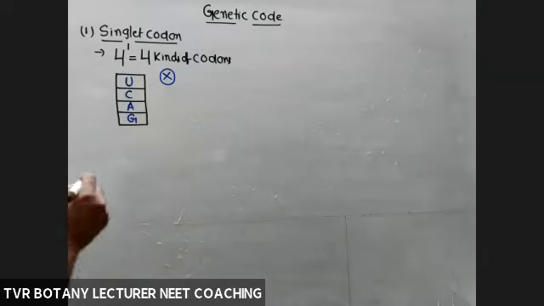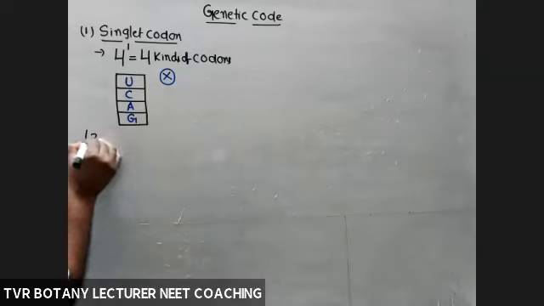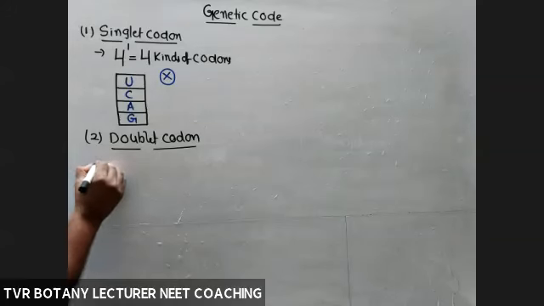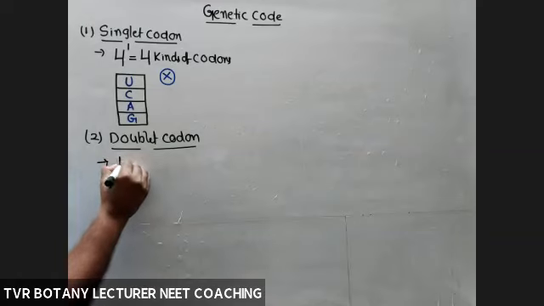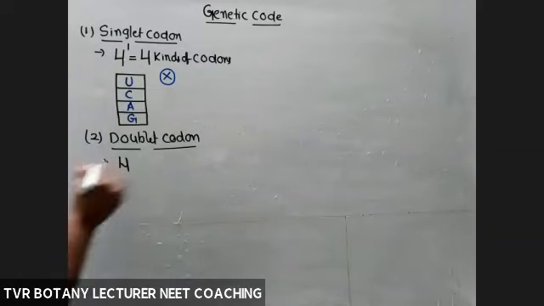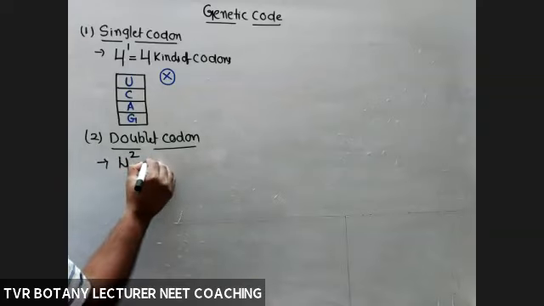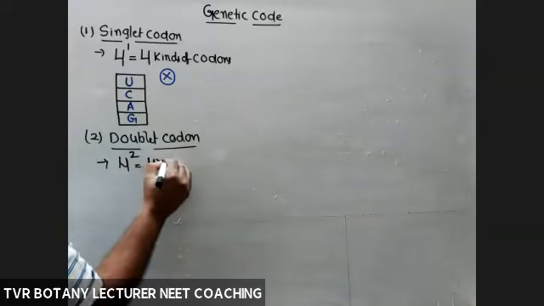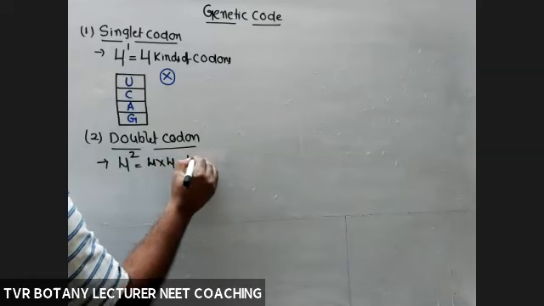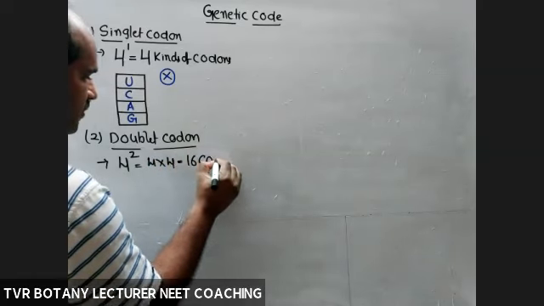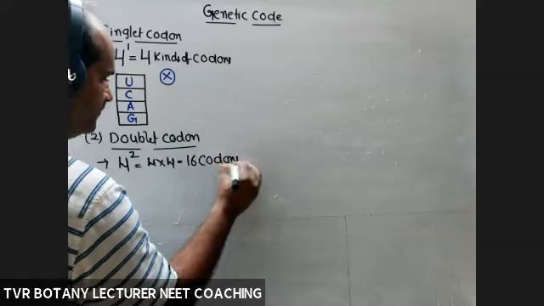And second one, doublet codon concept. According to this, 4 kinds of nucleotides, all to the power 2, 4 square, 4 into 4, 16 kinds of codons.